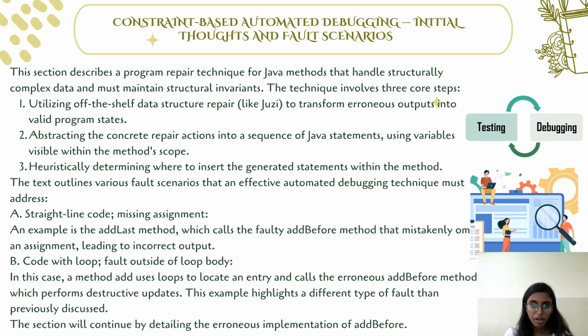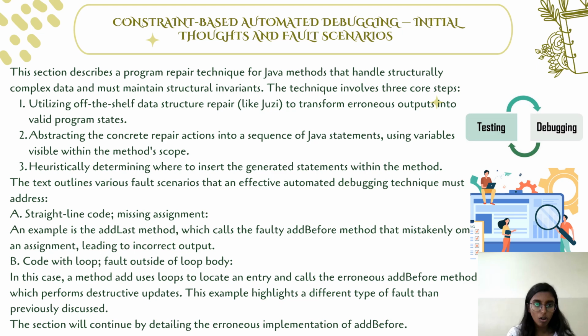Constraint-based automatic debugging: initial thoughts and fault scenarios. These describe a program repair technique for Java methods that handle structurally complex data and must maintain structural integrity. The technique involves three core steps.